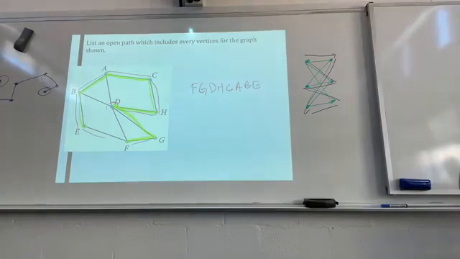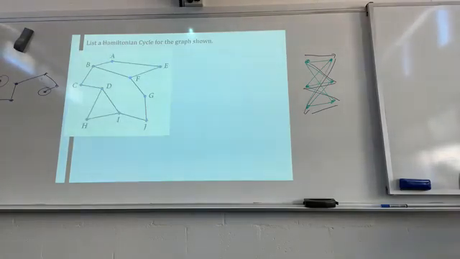Happy with it? All right, let's move on to the next one. List a Hamiltonian cycle for the graph shown. If you are listing, it may pay for you to just highlight. This is a Hamiltonian cycle.